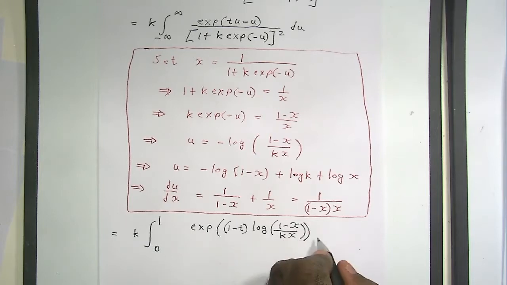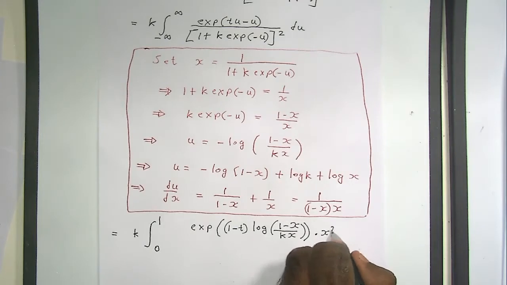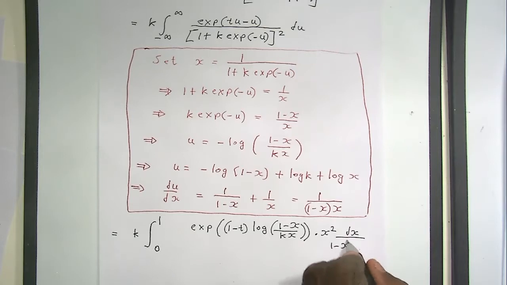And then you have to multiply that by x squared, and then you have dx divided by 1 minus x. This is what you will get.